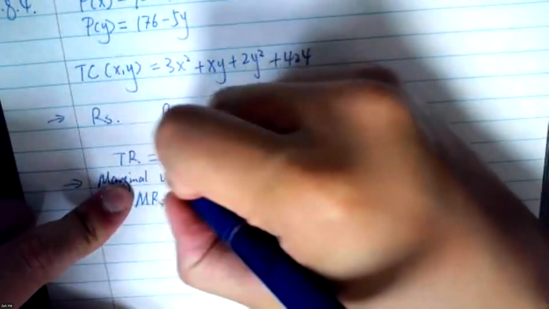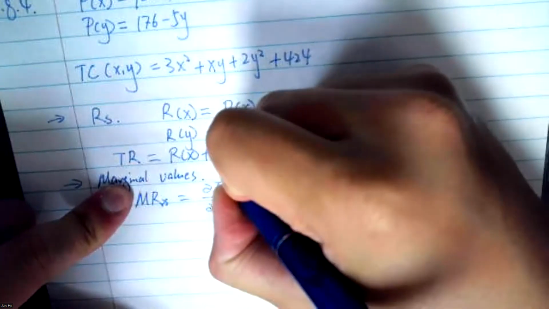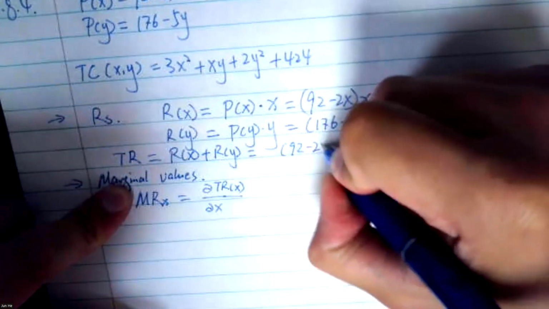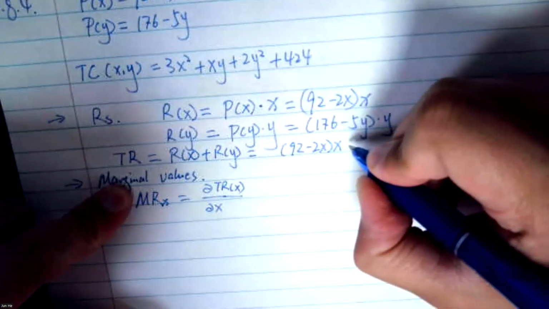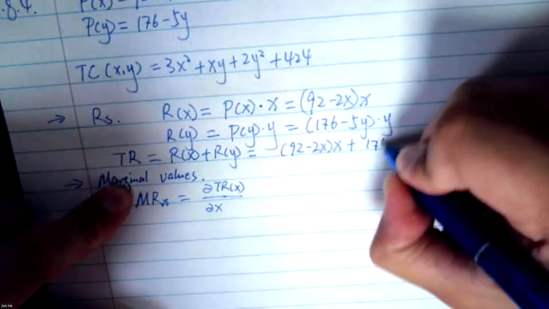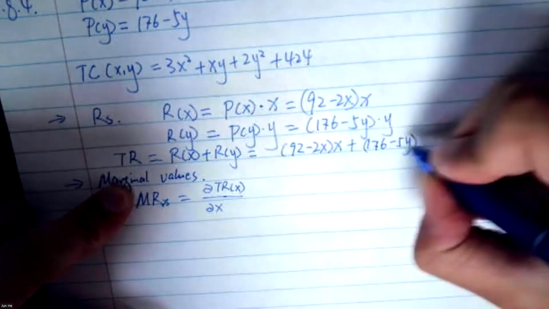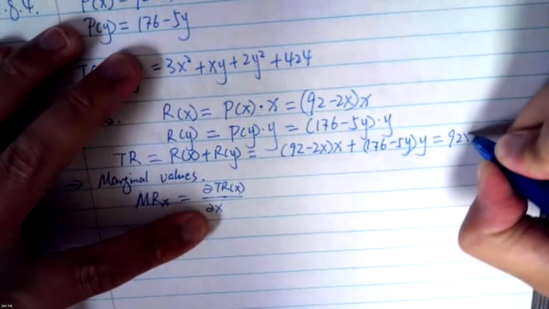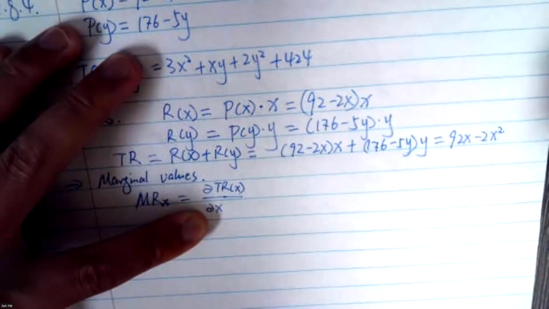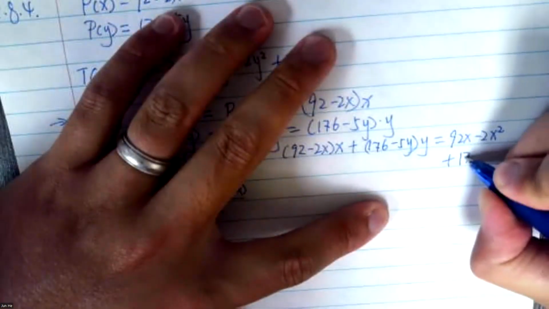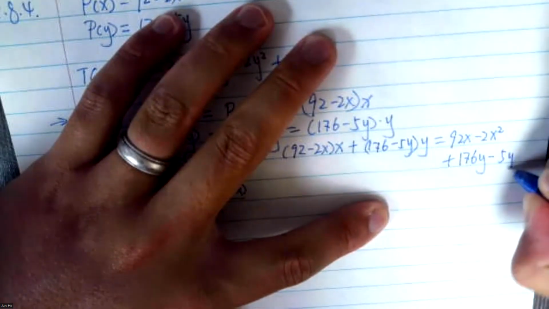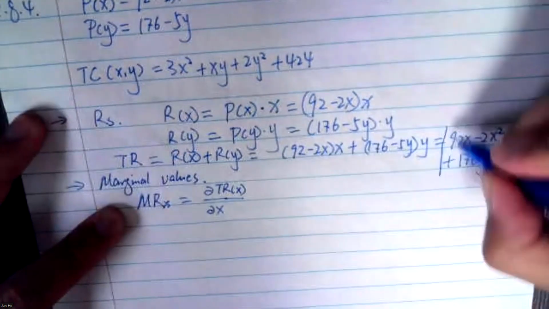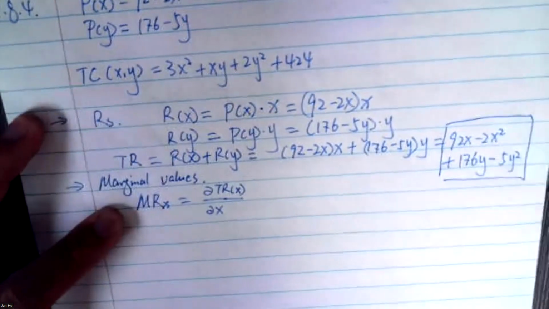The total revenue is Rx plus Ry, which is 92 minus 2x times x plus 176 minus 5y times y, which is 92x minus 2x squared plus 176y minus 5y squared. So this entire thing is your total revenue.